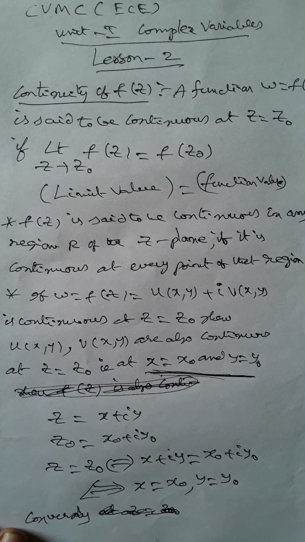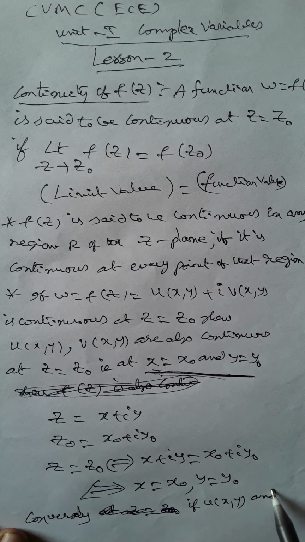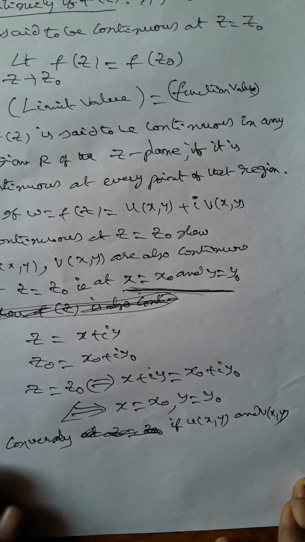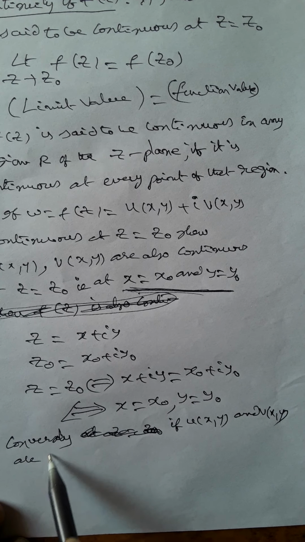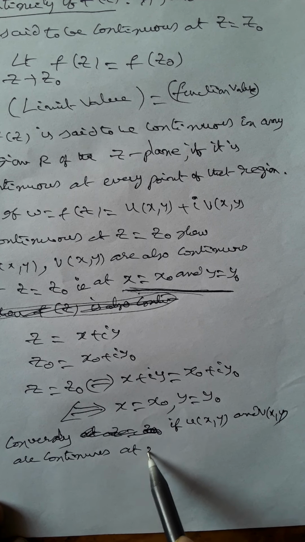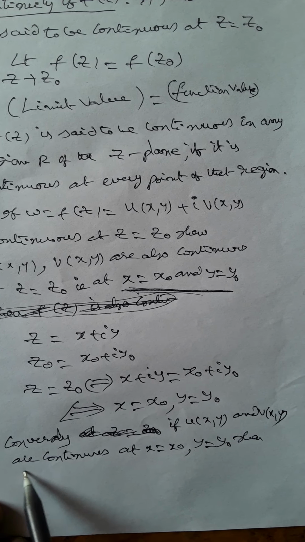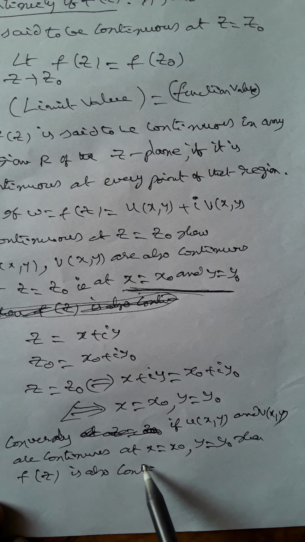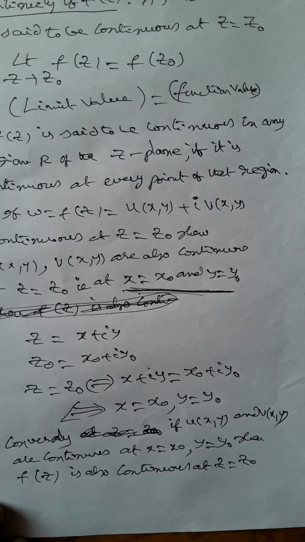Conversely, if u of x y and v of x y are continuous at x is equal to x naught, y is equal to y naught, then f of z is also continuous at z is equal to z naught.